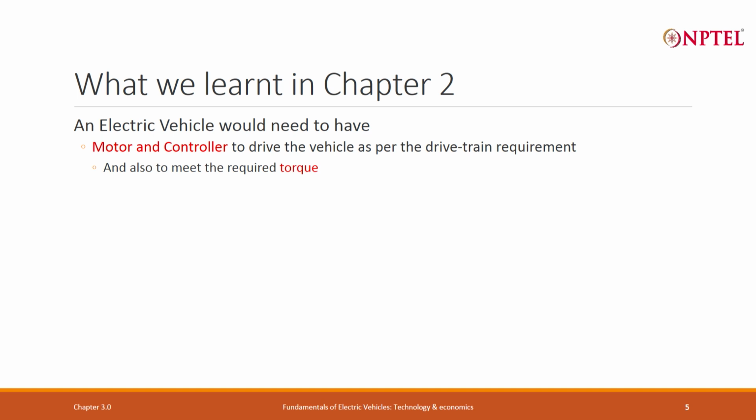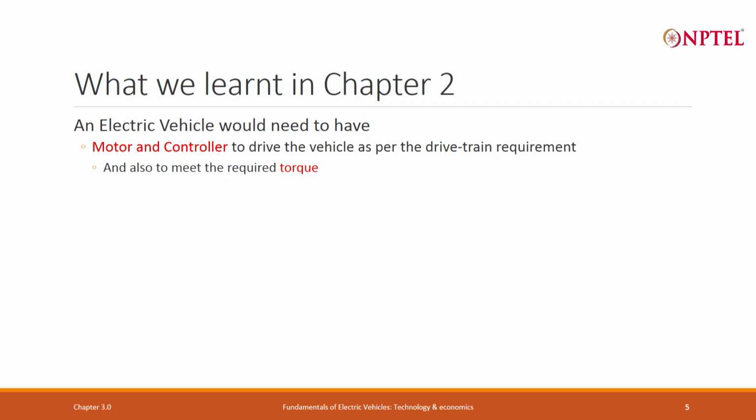Okay? Having done that, let us recollect what we learned in chapter 2. We had learned in chapter 2 that electric vehicle would need a motor and controller to drive a vehicle as per the drivetrain requirement. Strictly speaking, not as per the drivetrain requirement, as per whatever user wants, but performance will be measured as per the drivetrain requirement.